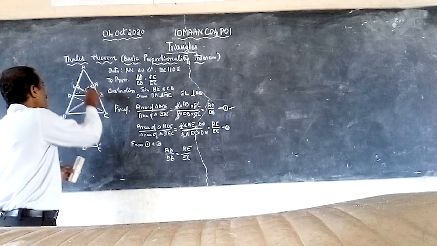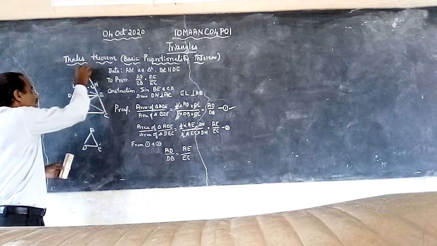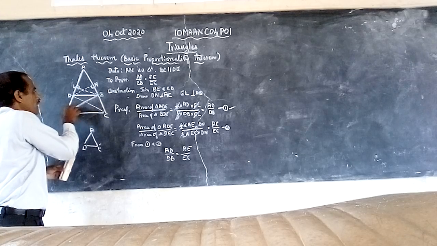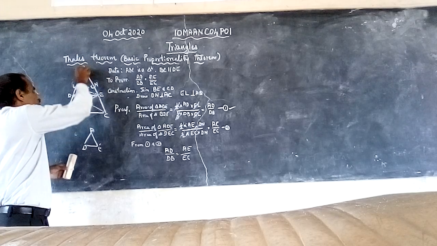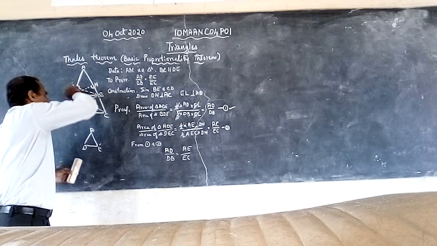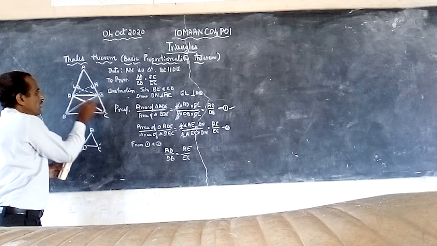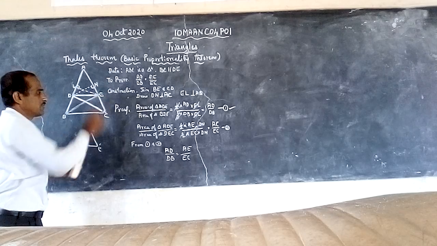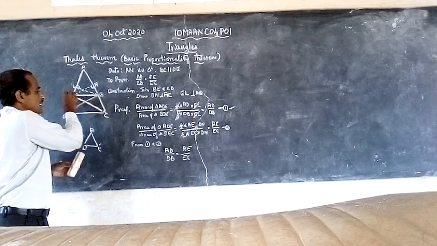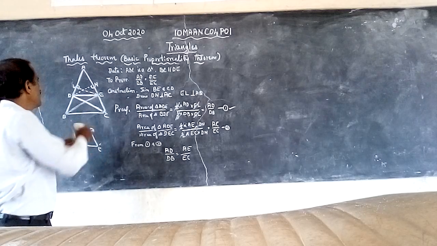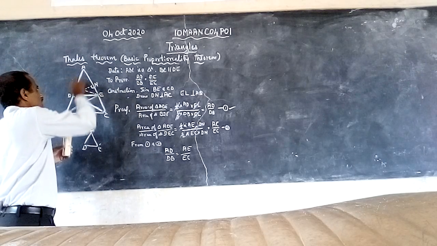Let us compare one more triangle. First we have compared triangle ADE and BDE. Now let us compare the same ADE and this triangle. See this triangle, DEC. Triangle DEC and ADE, compare. What happens? Here let us not take this as the base.